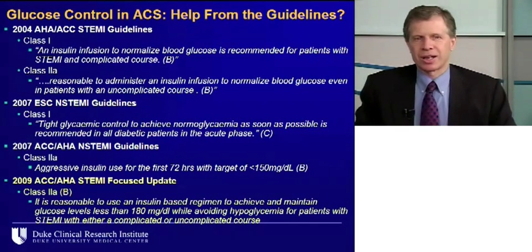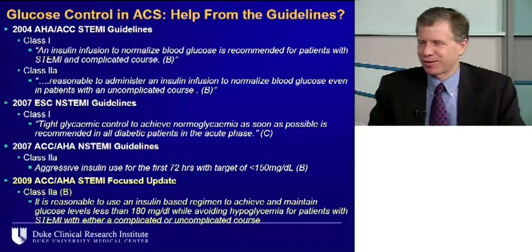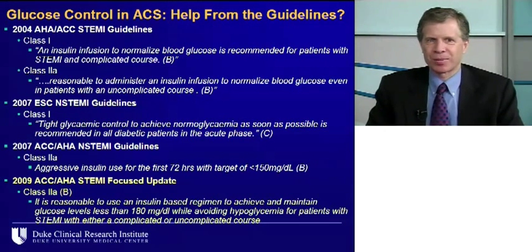Now, if we look at the guidelines, this is an example where I think the guideline committees may have kind of jumped the gun a little bit, because they were fairly strong. In fact, a class 1 recommendation that an insulin infusion at normalized blood glucose is recommended for patients, for example, with STEMI in the STEMI guidelines.